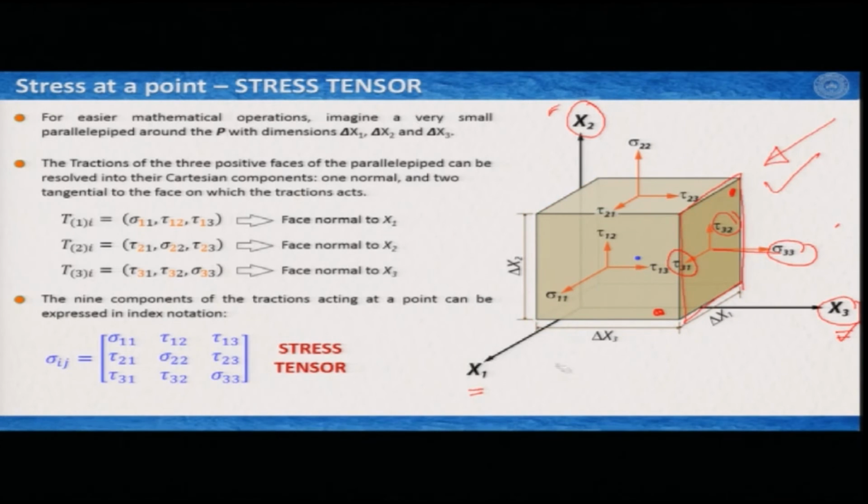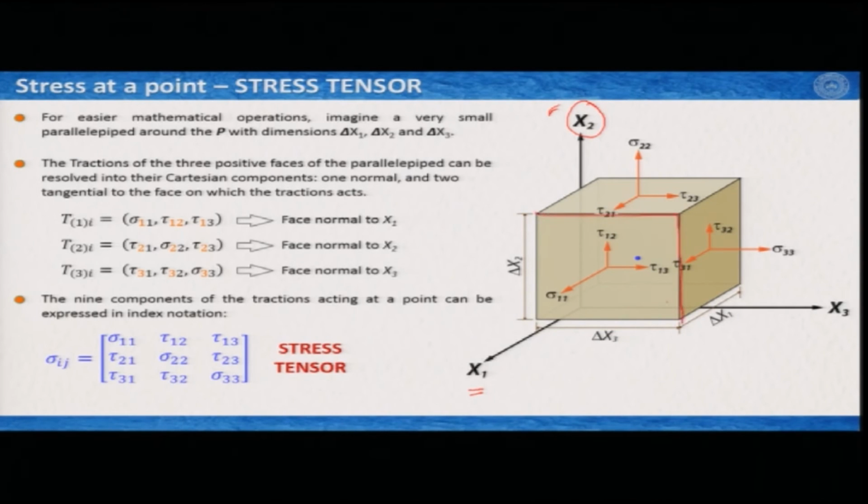Now, you have seen that different nomenclatures or notations are given. Let me explain what they are. I come back again to this plane: sigma 1 1, tau 1 2 and tau 1 3.